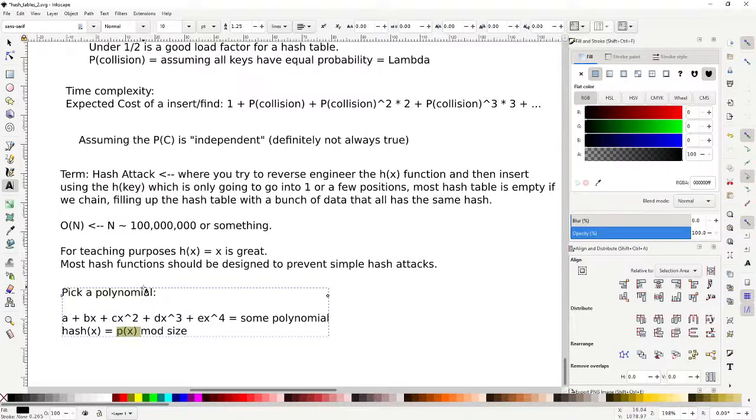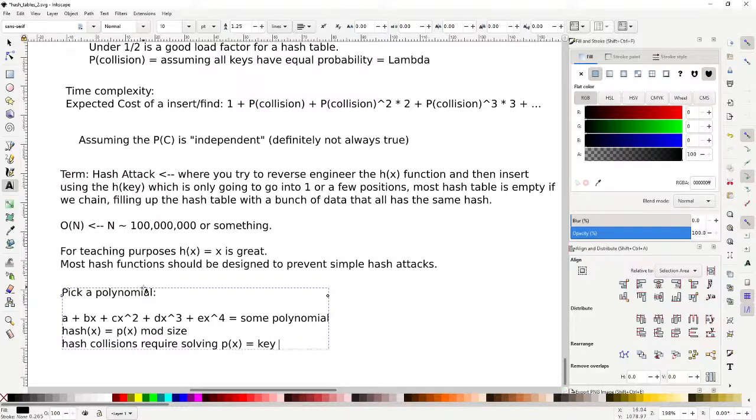But if you use some polynomial, the nice thing about the polynomial is that if you insert a whole bunch of things that look like they're the same, hash collisions require solving p of x equals the same thing, the key value, mod size.